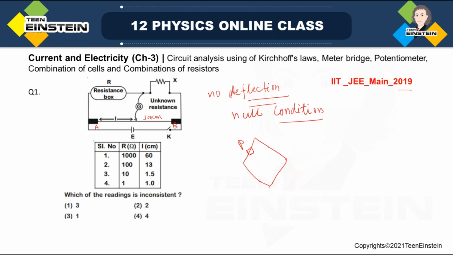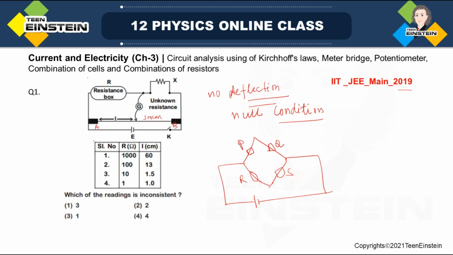This is generally named P, this is Q, and on this arm we have R, and on this arm we have S. Here there will be a power supply.